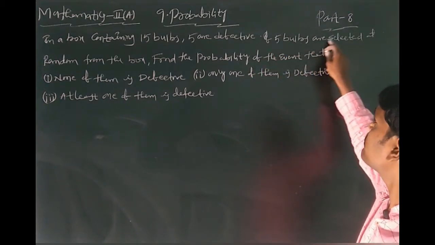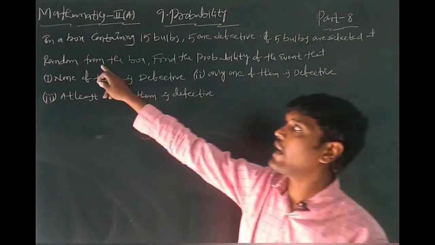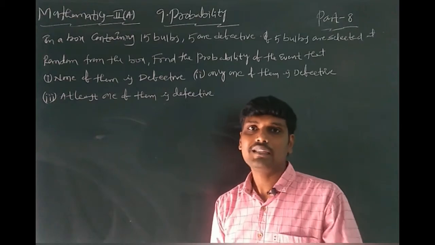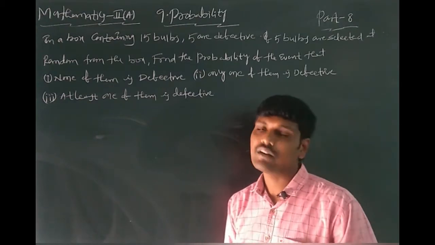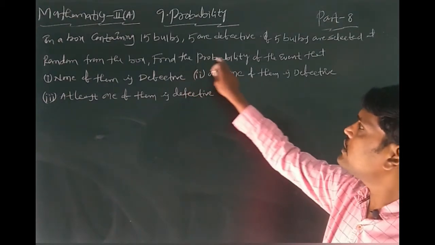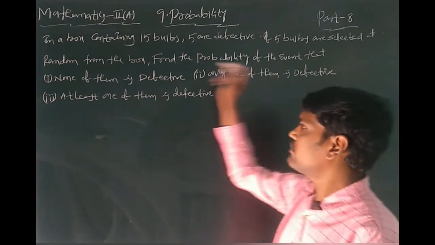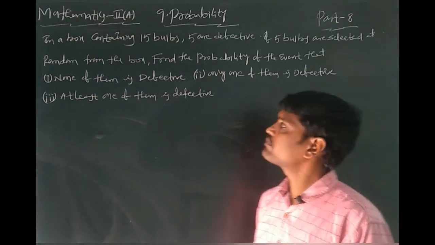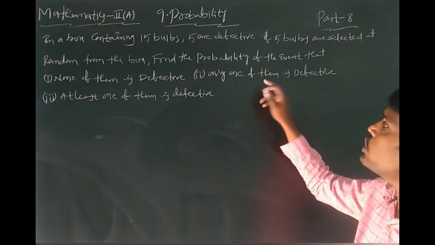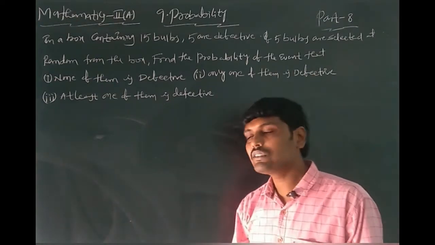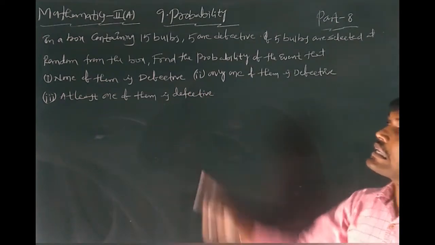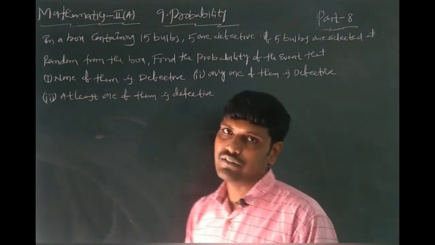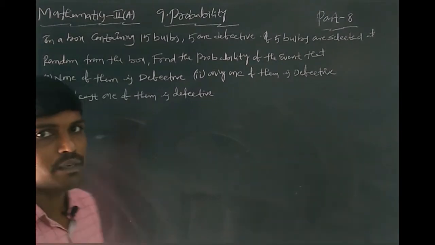If 5 bulbs are selected at random from the box, find the probability that none of them is defective. Second, only one of them is defective. Third, at least one of them is defective.